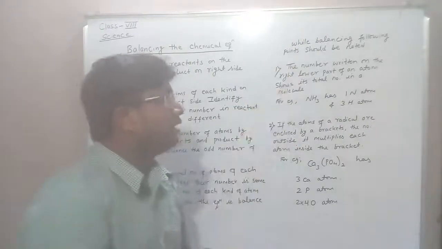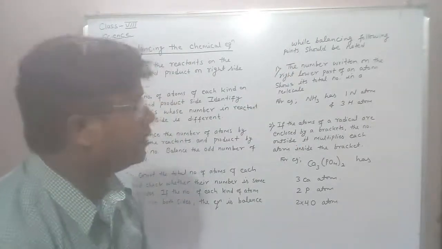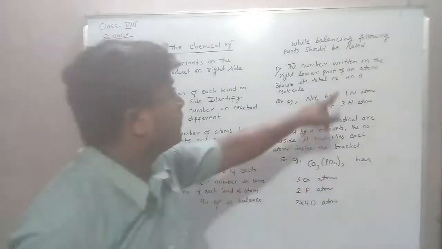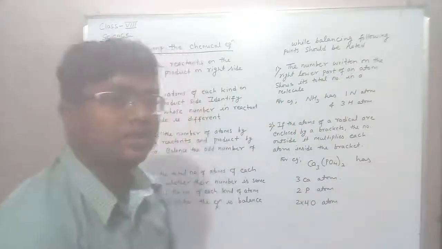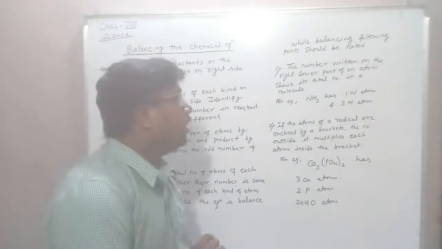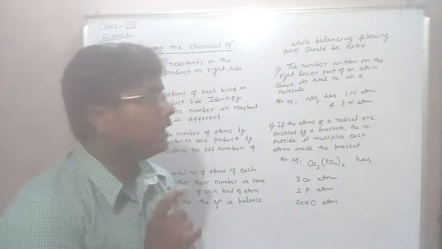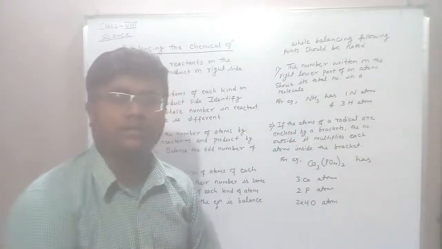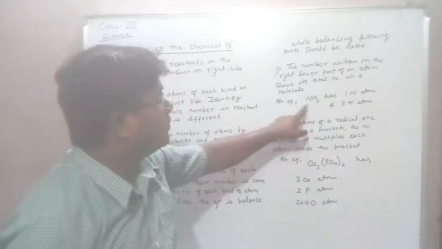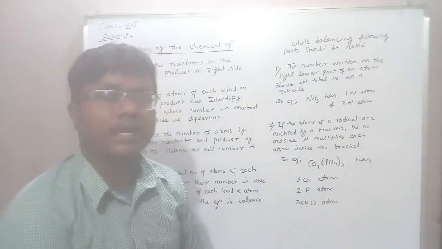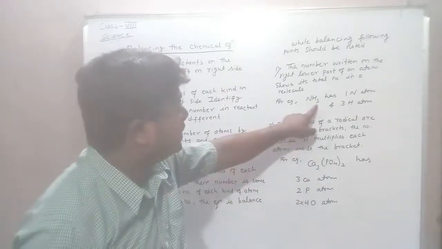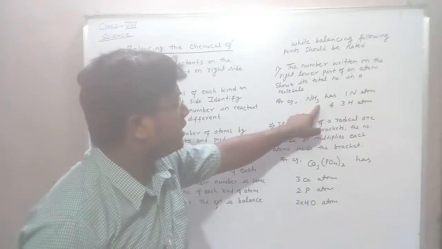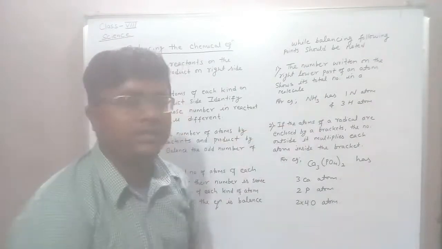While balancing, the following points should be noted. The first point: the number written on the right lower part of an atom shows its total number in a molecule. For example, NH3. Here the number 3 is written on the right lower part of the hydrogen atom.